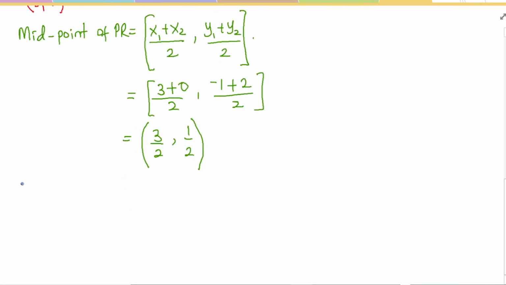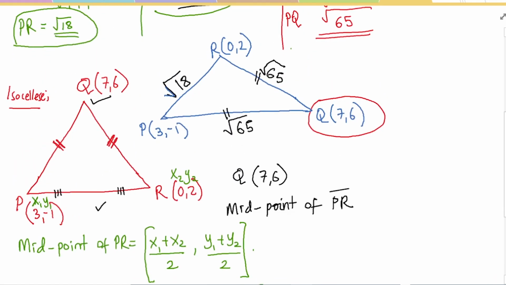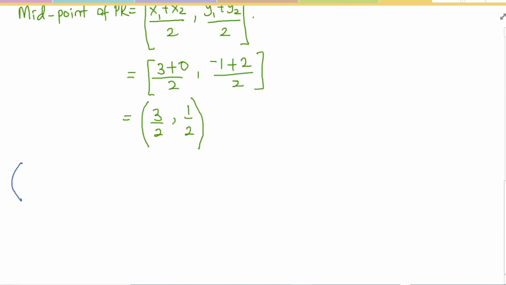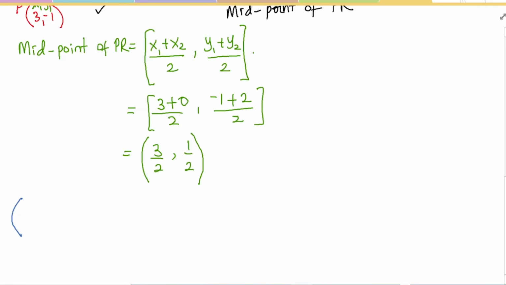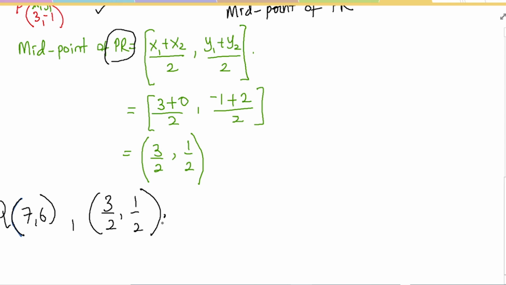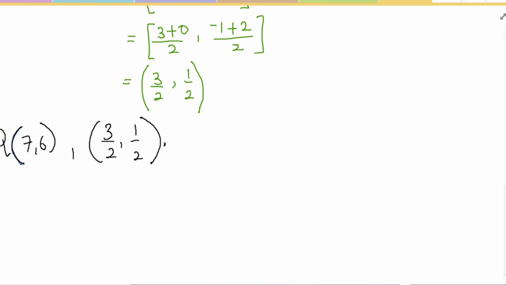The line of symmetry is passing through the point Q, which is (7, 6), and it is also passing through the midpoint of PR, which is (3 over 2, a half). So in other words, we are trying to find the equation of a line that is going through these 2 points. So let's get started with the working.